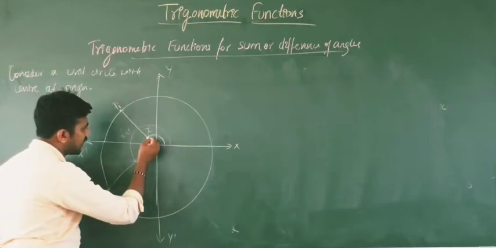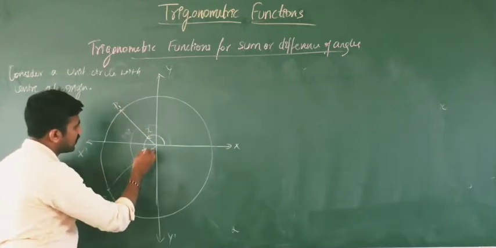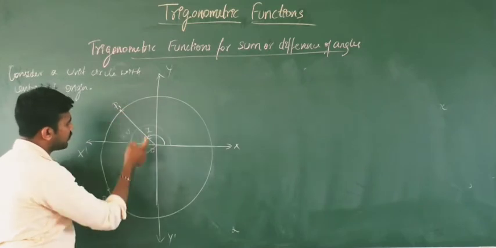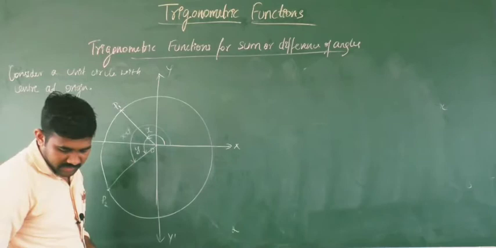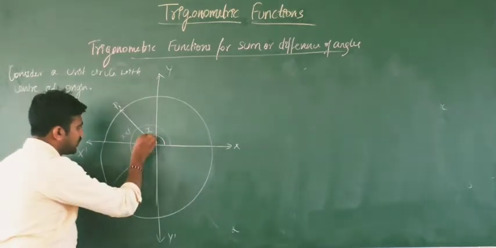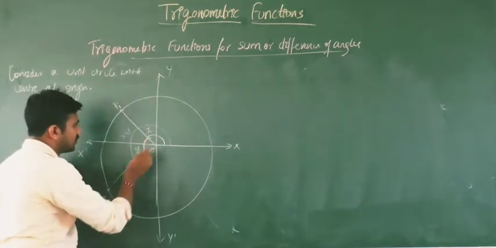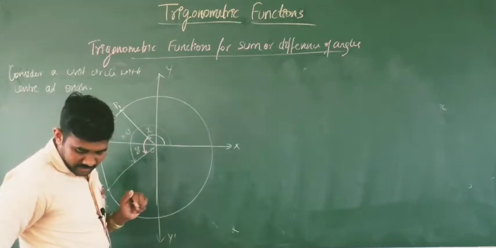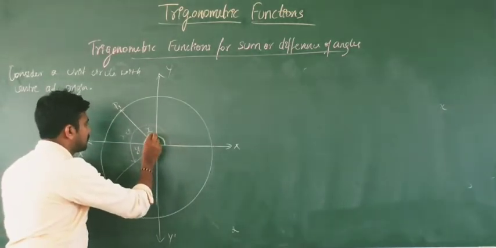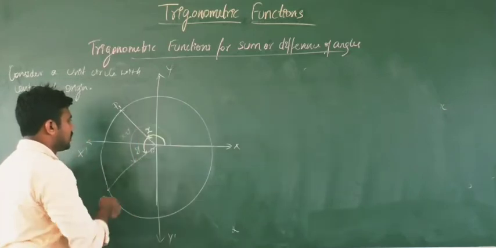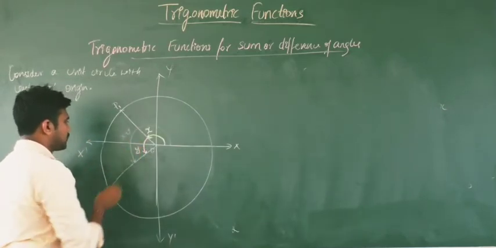So what is the angle between the line segments OP1 and OP2? That is y. This angle is y, and another angle you have here is x. This is the central angle x, and this is y.